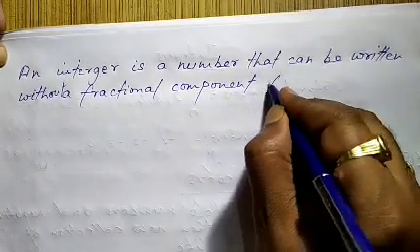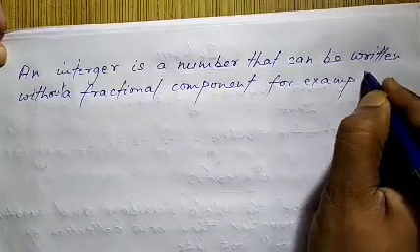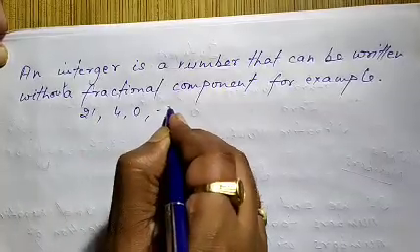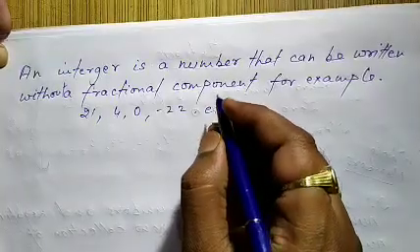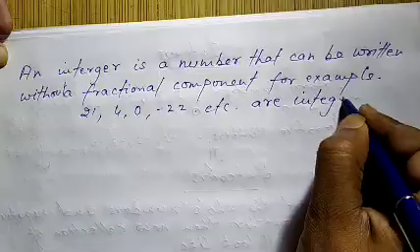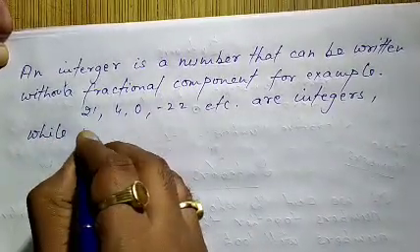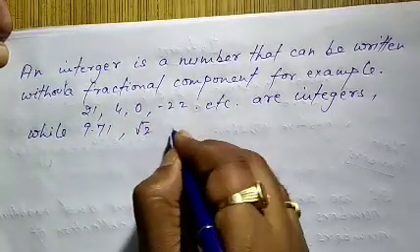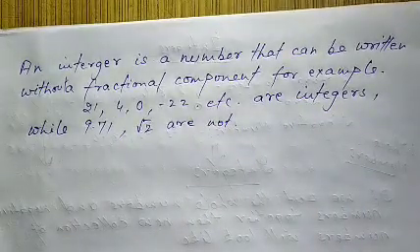For example, 21, 40, -22, etc. are what? Integers. While 9.71 and root 2 are not. So these two are the definitions of integers.